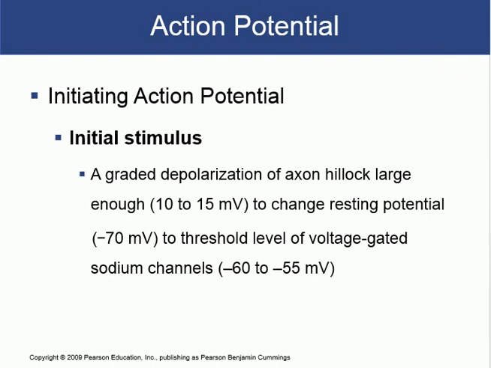It's not going to continue the whole cycle. So the point I'm trying to make here is, if your initial stimulus is strong enough to cause a 10 to 15 millivolt change, that will continue the whole process. If it's less than that, it will not. And this is called the threshold.